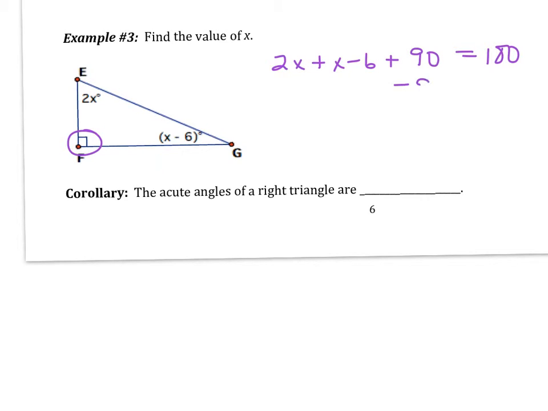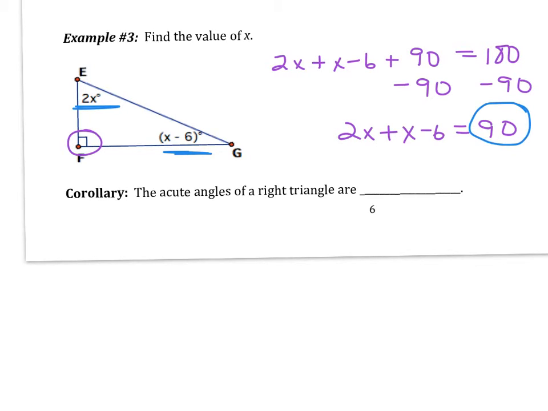If I subtract the right angle over, I've got 2x plus x minus 6 equals 90. What I'm trying to show you here is that the two acute angles will always add up to 90 degrees.